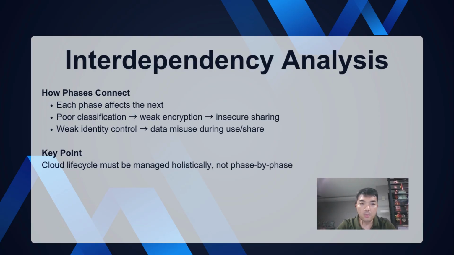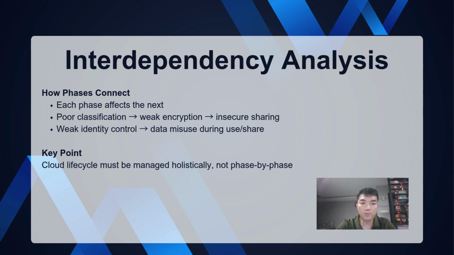Next is the interdependency analysis, where we talk about how the phases connect. The cloud data lifecycle operates as an interconnected chain where output from one phase feeds into the next. For instance, classification during creation influences storage encryption, which in turn affects usage monitoring and sharing permissions.